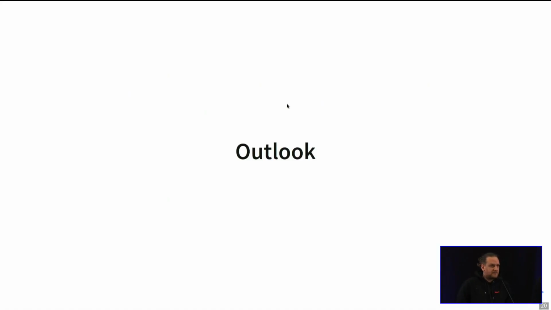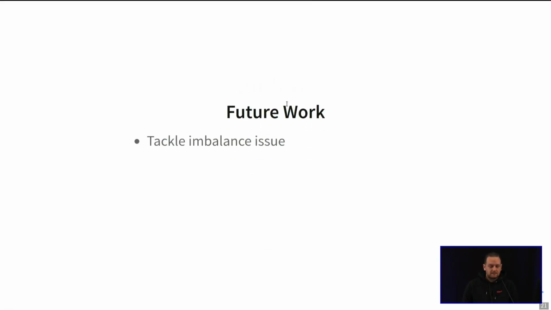Nonetheless, we think we have a promising approach to synchronize state across queues. And in the future, what we want to look at is to improve the imbalancing issue. We have already experimented a little bit with implementing some rebalancing between queues, which seems feasible. We also want to mitigate the overshoot during the switching events.